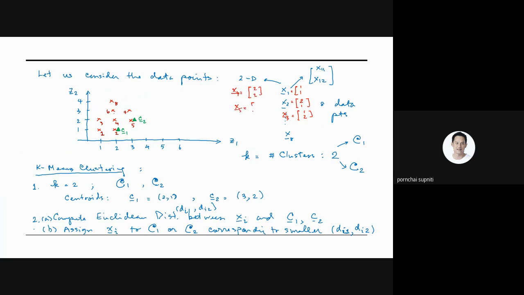X5 is 3, 2. X6 is 2, 3. X7 is 3, 3. And then X8 is 2, 4.